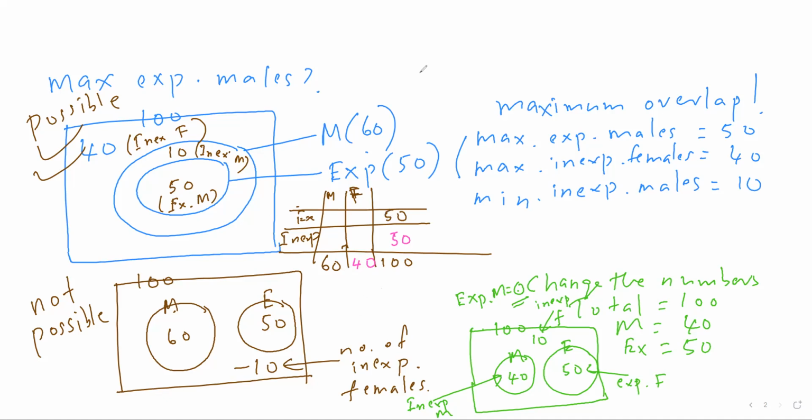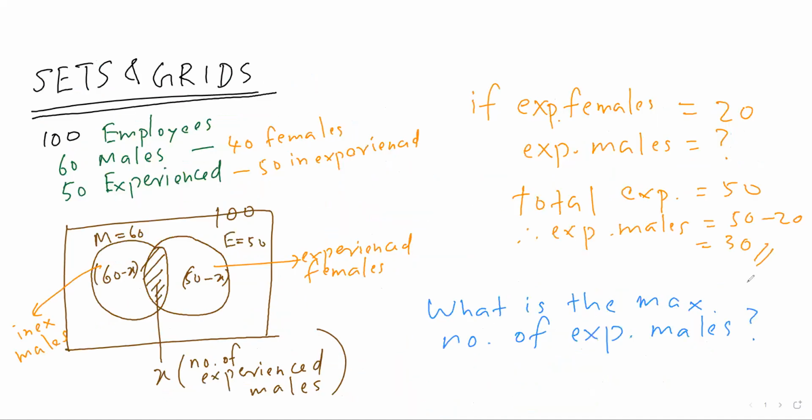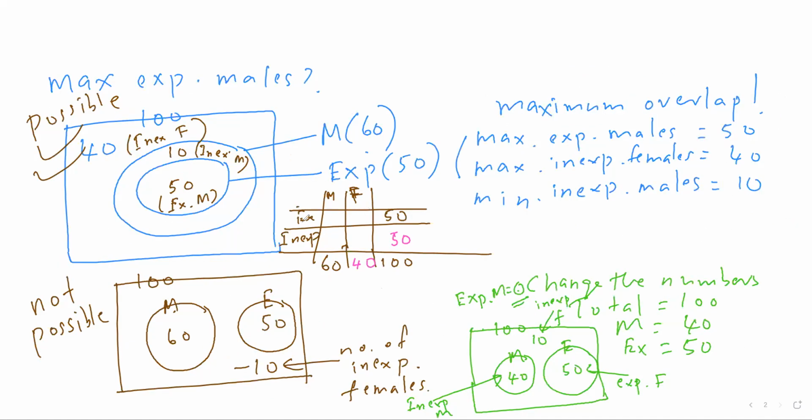And you remember in the previous case, this information was given: the number of experienced females was 20. If you have this piece of information, the rest you can mechanically add up. So that means inexperienced females is 20. Experienced males are 30, because 30 plus 20 is 50. And the inexperienced males are 30 as well.